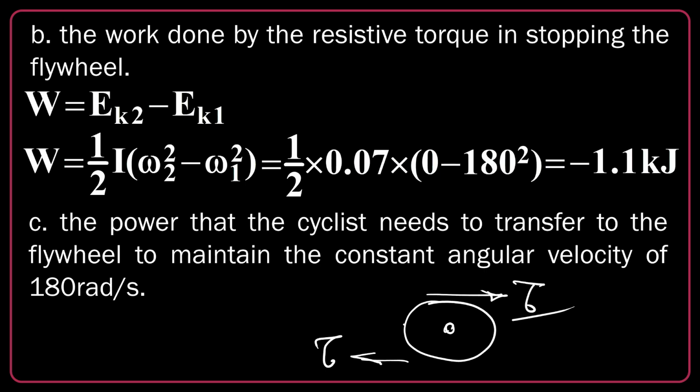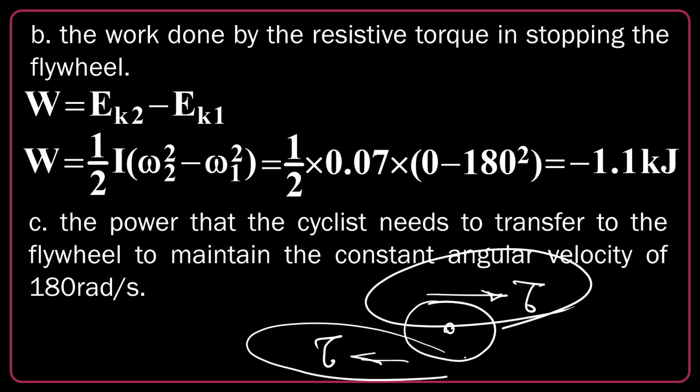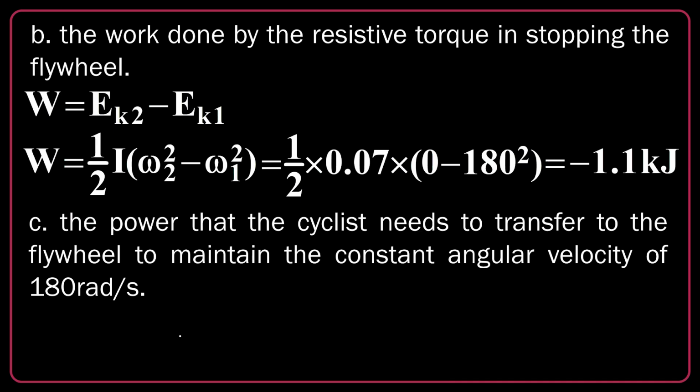Actually, your power and the resistive power must be equal. Otherwise, it comes to rest again. So the power you need to provide for this cycle is actually the same as the power it's dissipating energy with.